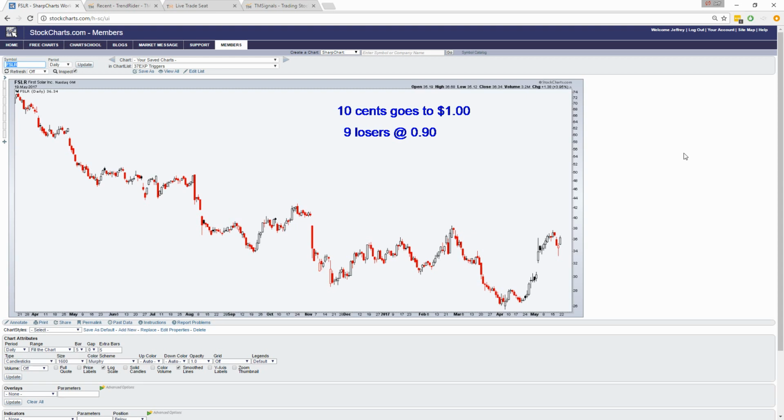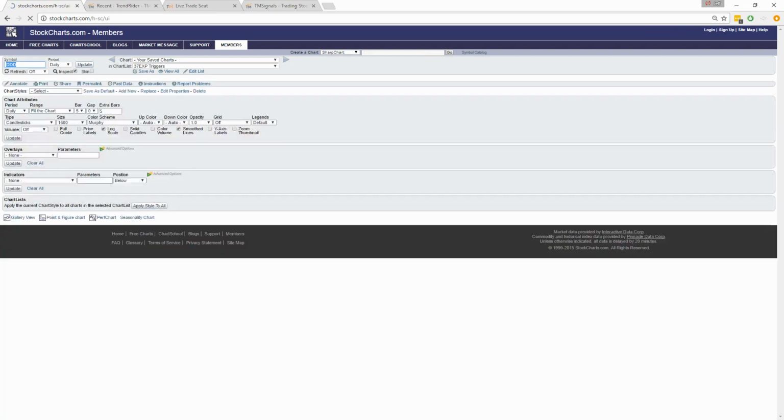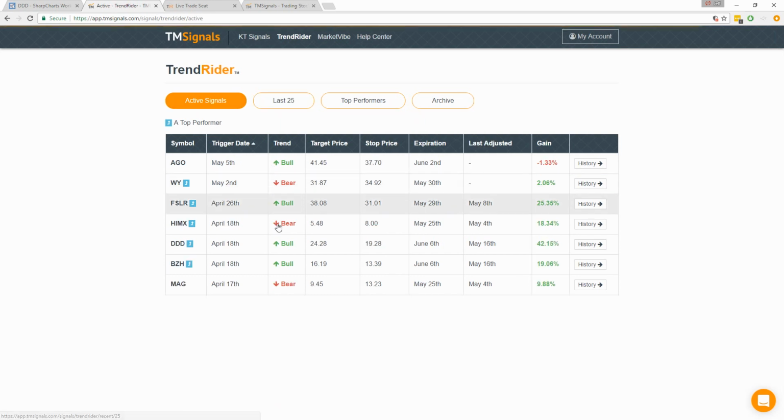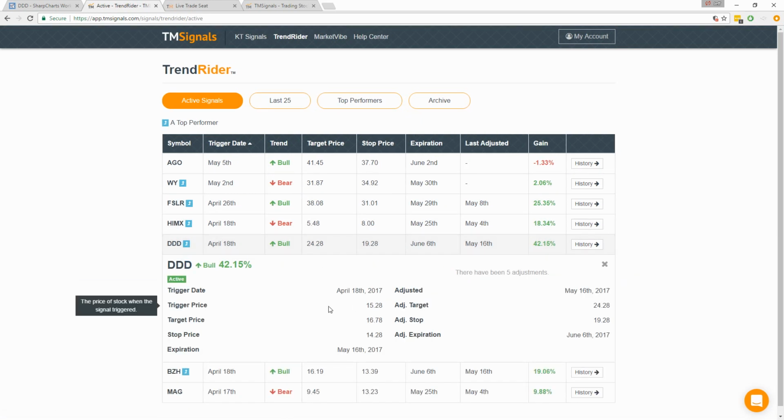I did this recently at Trader Minute and played this strategy, not exactly, but the same concept. It was on the Trend Rider signal for Triple D. Let's go into the data here. Triple D is still an active signal, but on the 18th of April, it triggered bullish at 1528.